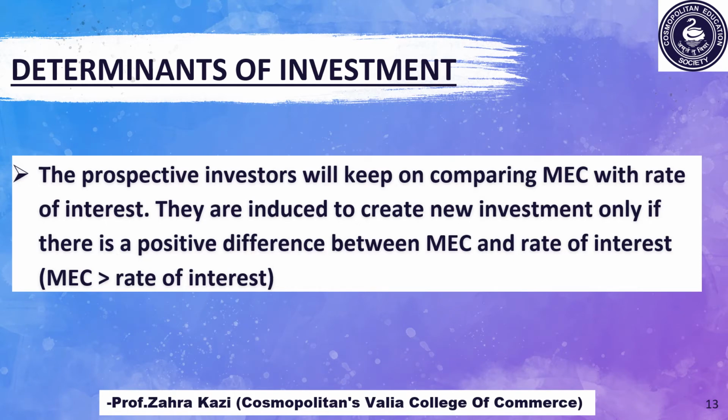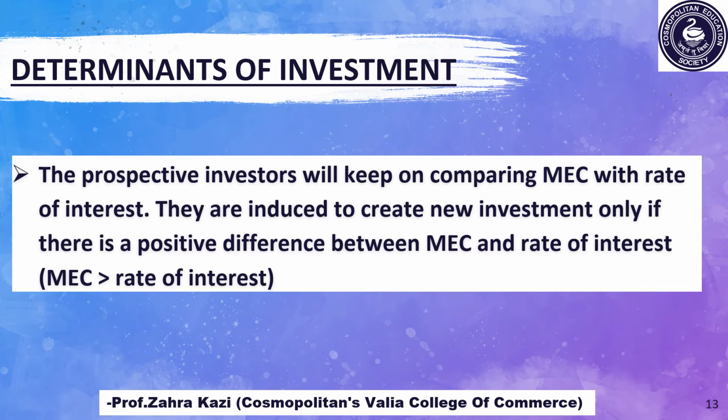The prospective investor, meaning the expected investor who wants to invest, will keep on comparing MEC with rate of interest. They are induced to create new investment, that is they will be motivated to create new investment only if there is a positive difference between MEC and rate of interest.